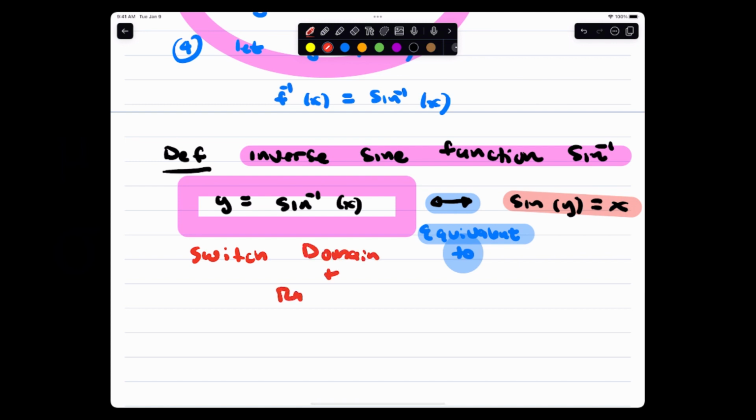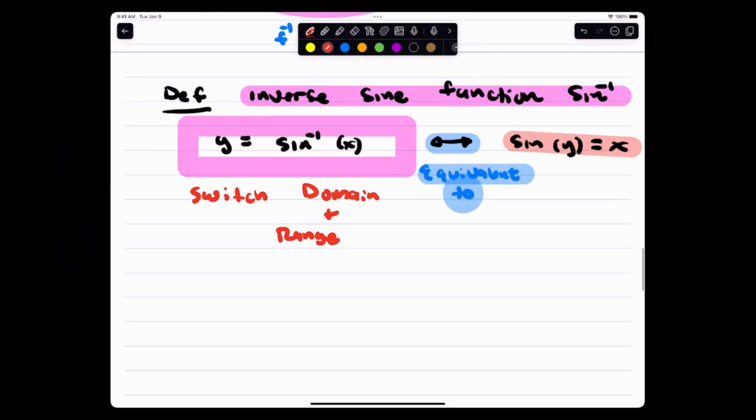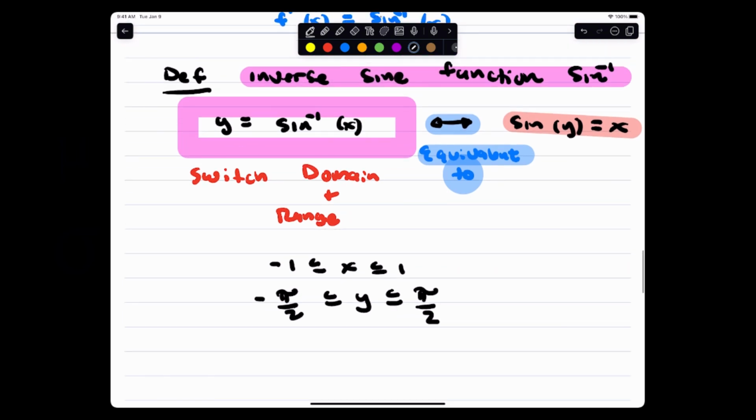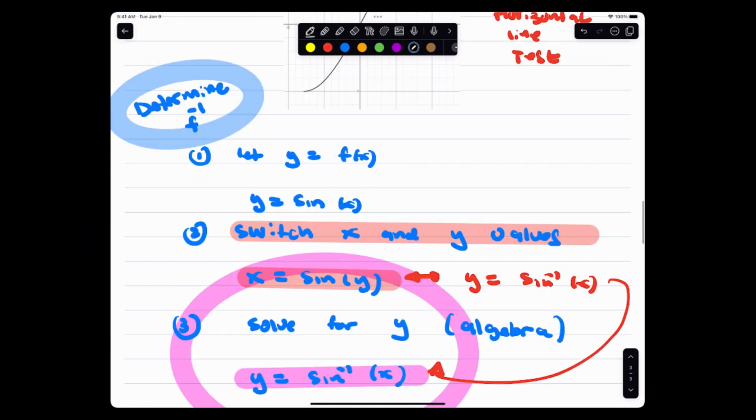And what that means now is your inputs for inverse sine are going to be between -1 and 1. And the outputs will be between -π/2 and +π/2. Because you switch your domain and range. You go, what are you talking about?